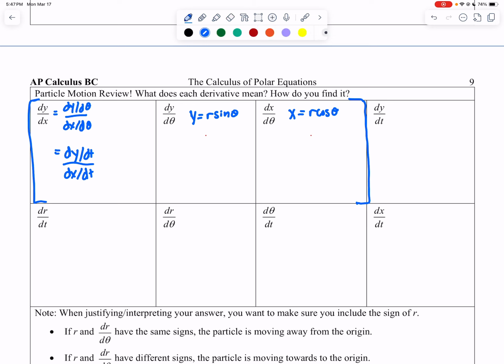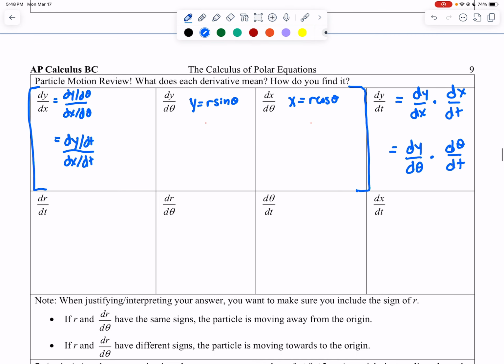So for dy/dt, I could say dy/dx times dx/dt, or I could say it's dy/dθ times dθ/dt, using the chain rule with theta.